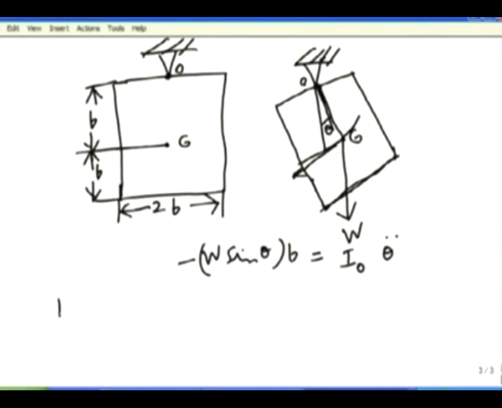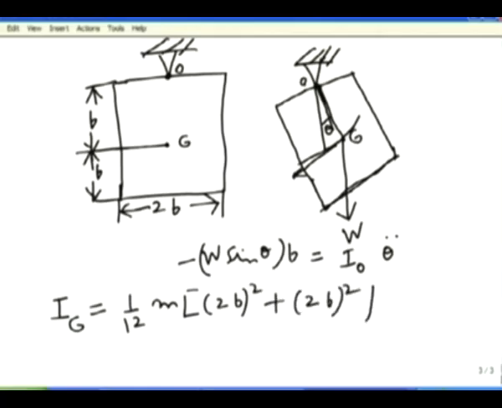For this plate, the moment of inertia about the mass center G is Ig equal to 1 by 12 m (2b square plus 2b square), m is the mass. Ig is basically Izz, z is perpendicular to the plane of the paper.